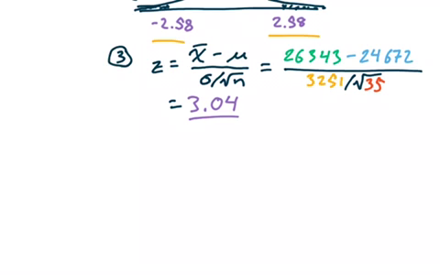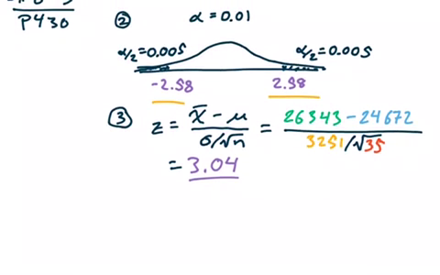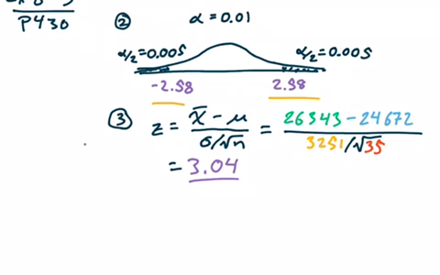All right. So we'll go back up to the picture here. You can see it here. So 3.04. Remember, this is not 100% accurate. This is just a sketch. Zero's in the middle. There's 2.58 on this side. There's negative 2.58 on the left side. But I do know that 3.04 is past 2.58.